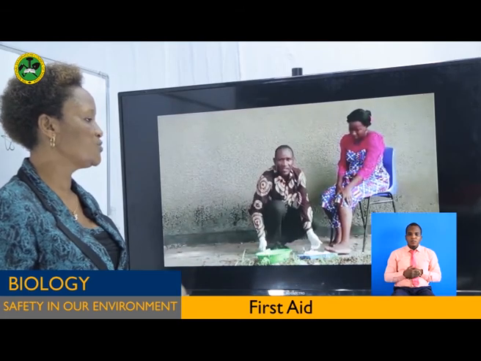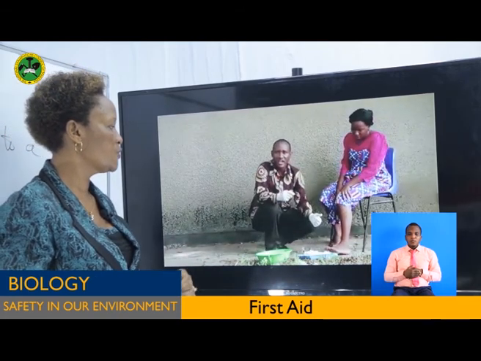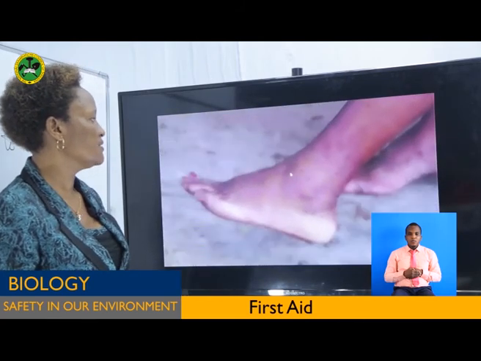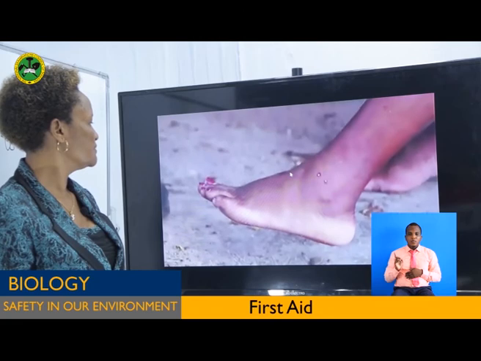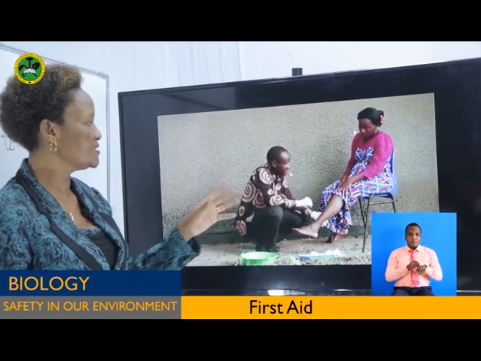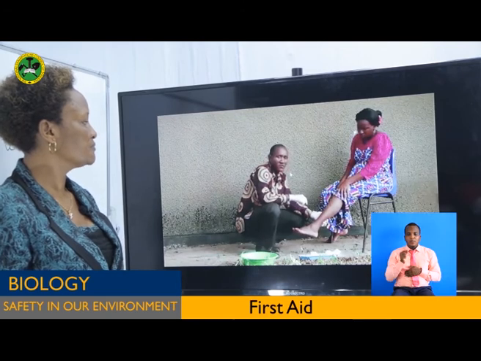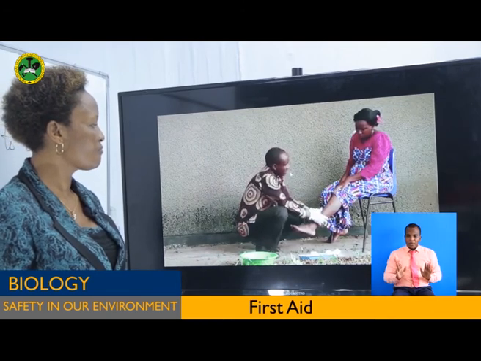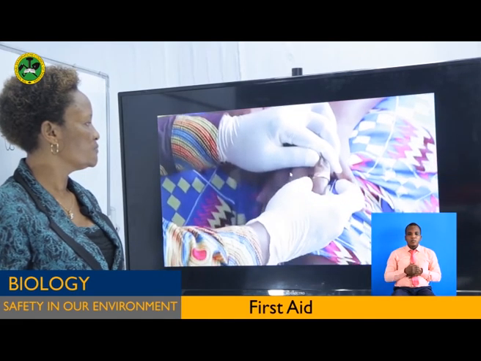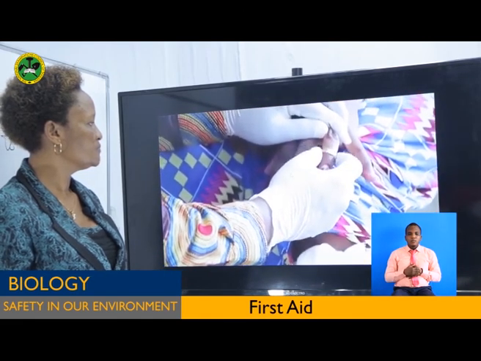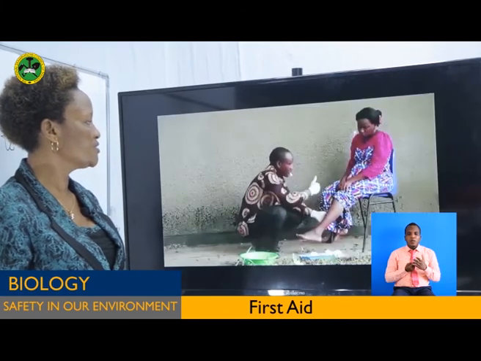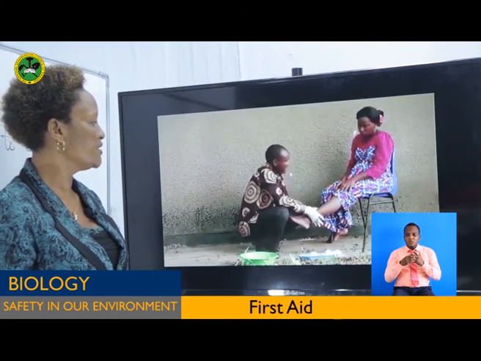Potassium permanganate is to neutralize the wound or sterilize the wound, remove infections. That is the wound now. He has already calmed down the victim. The victim is seated. This is the pair of gloves for safety, not to contaminate blood or poison.